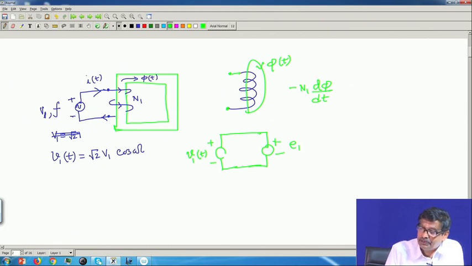The polarity of this voltage will be such that if d phi dt is positive, it will try to oppose the cause. So its polarity will be like this. Okay. So this can now be modeled like this: applied voltage, and there is another induced EMF.